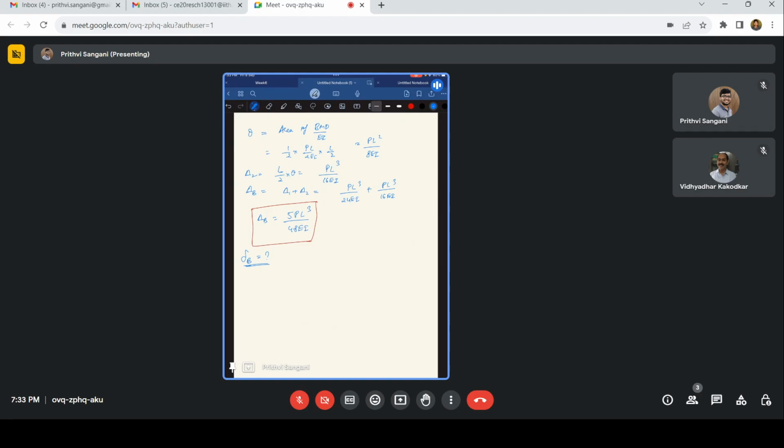Now in this, VC is upwards. So sorry, the delta C dash is upwards, whereas in this case it is downwards. So you can either write that minus this is equal to 0, or delta C is equal to delta C dash.